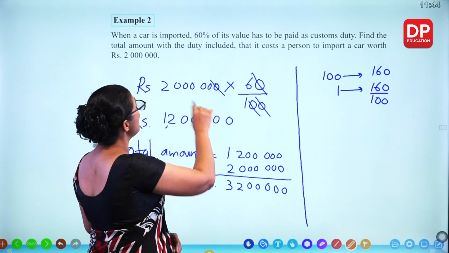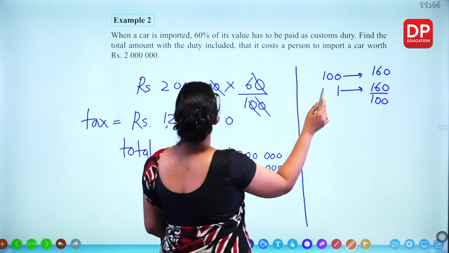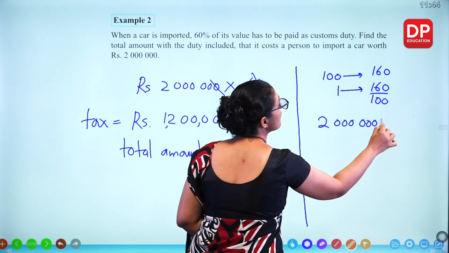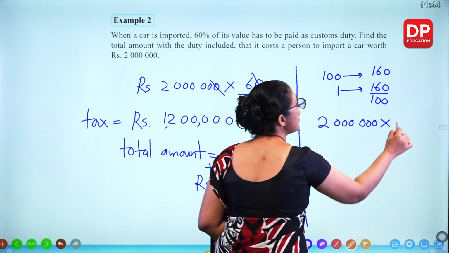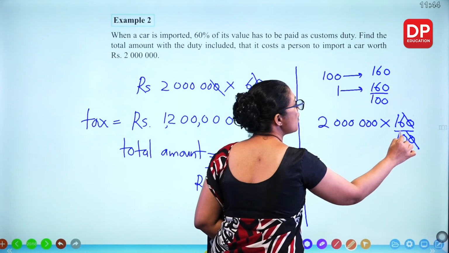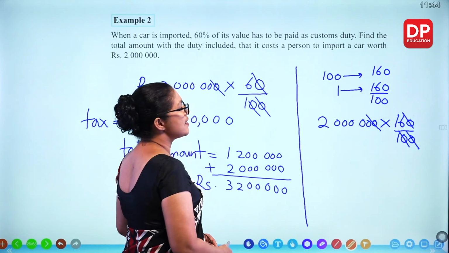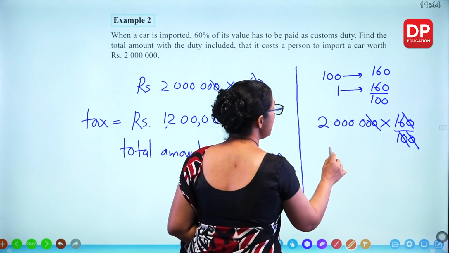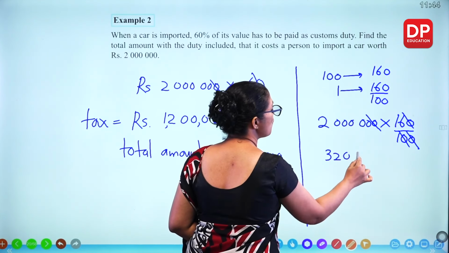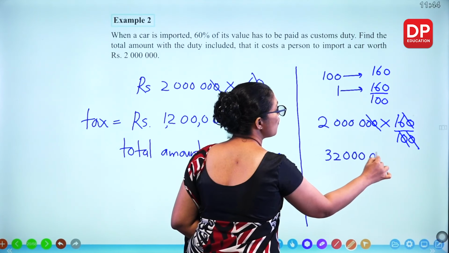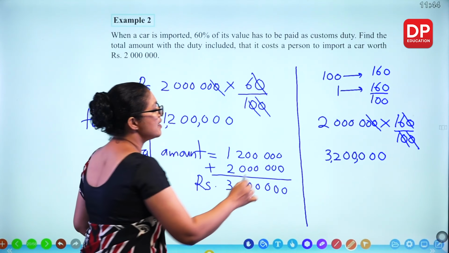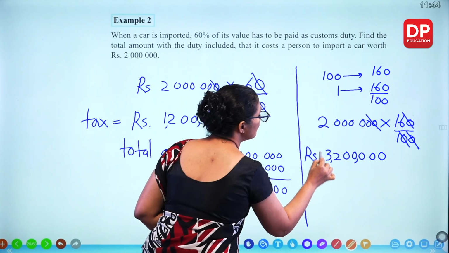So the amount is 2 million. And then multiply by 160 over 100. 0 get cancelled out, this 0 get cancelled out with this 0. 2 times 16, you get 32. How many zeros? 1, 2, 3, 4, 5. Then this becomes 3,200,000.